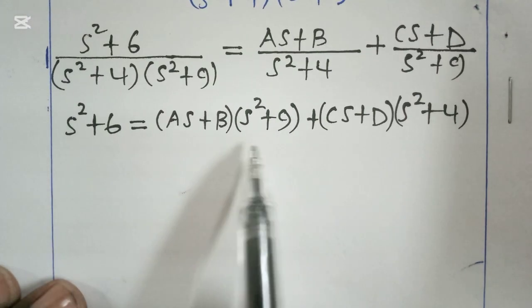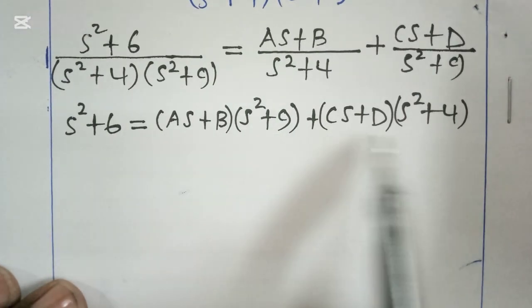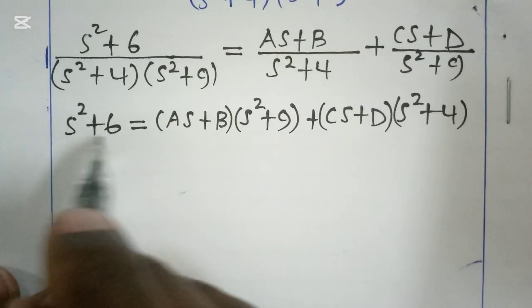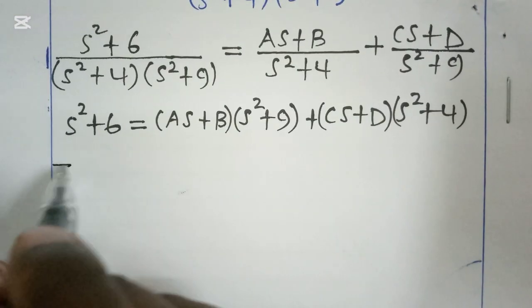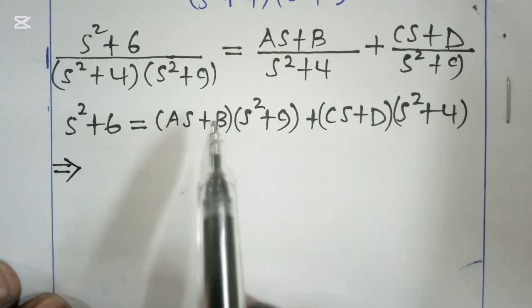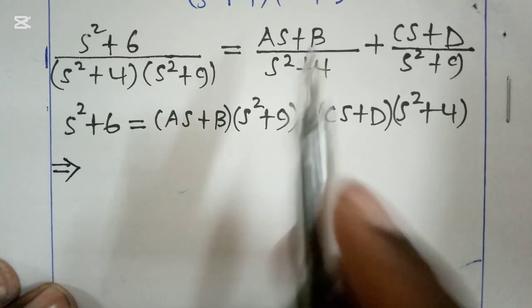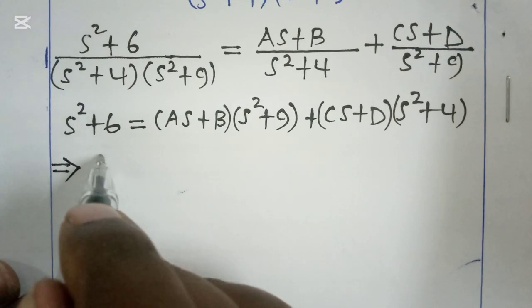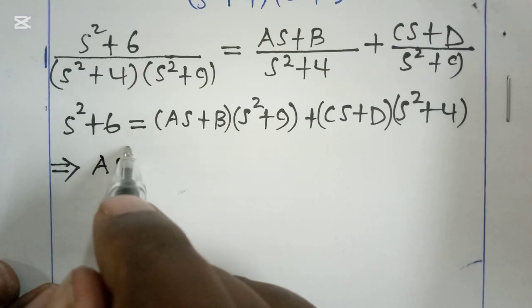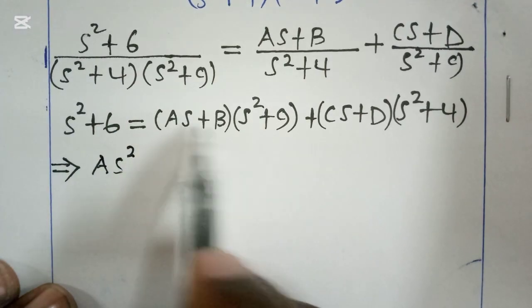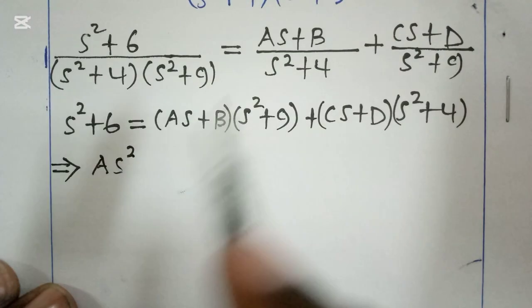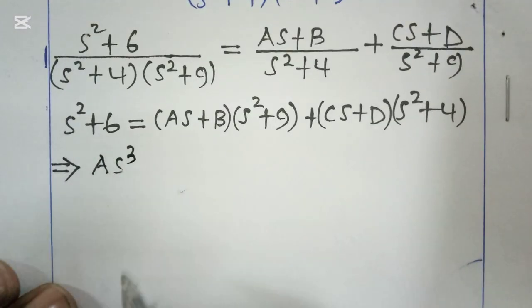So from there guys, we can multiply out all this. We can leave out this first, and now we multiply this. You shall have as multiplied by s squared, that is this multiplied by that, it's actually s cubed there.